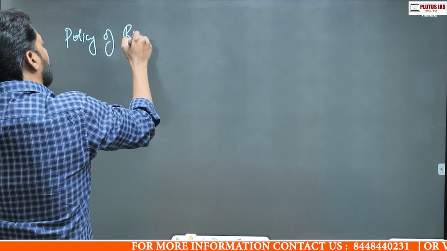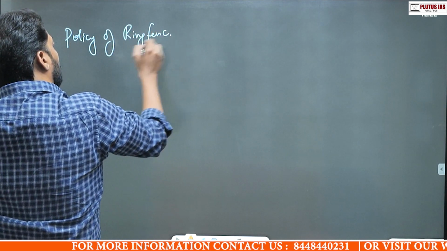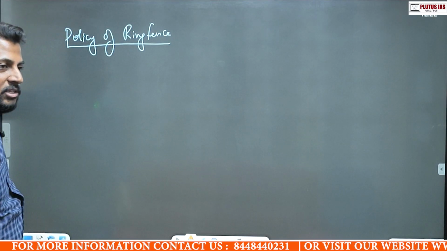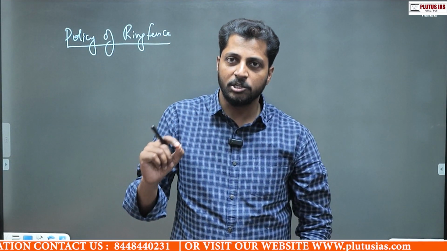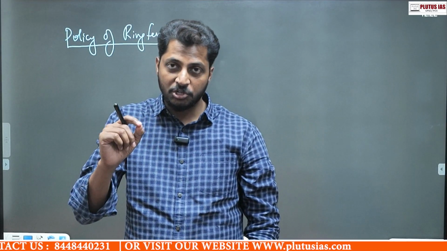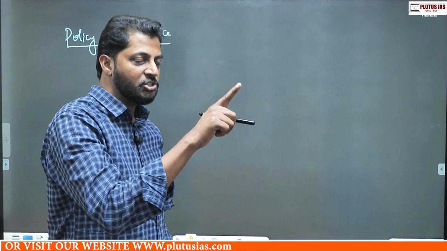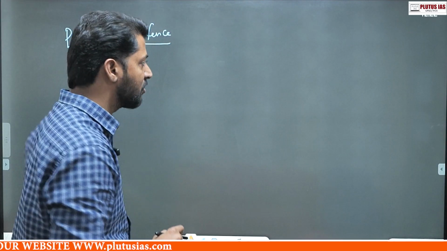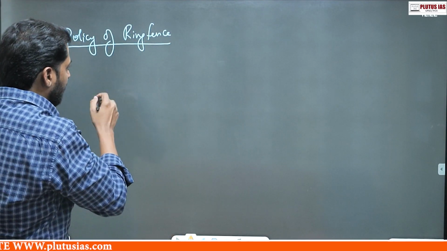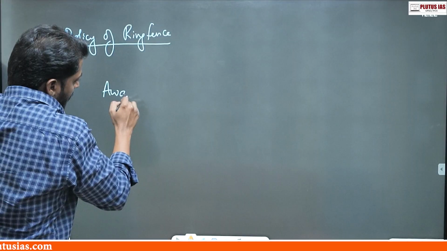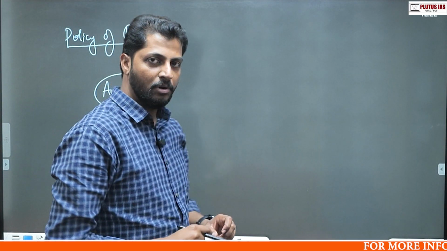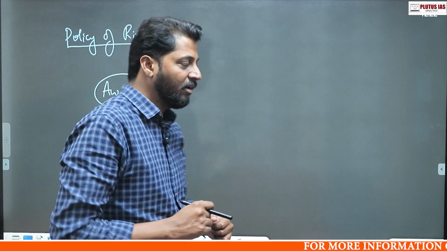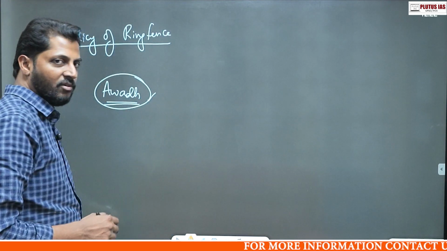Policy of ring fence. So what is this ring fence policy? This policy says that the British will keep a friendly Indian state as a buffer state against an enemy state. Let us take the example of Awadh. After the Battle of Buxar, when Awadh was also defeated, they did not directly annex Awadh.